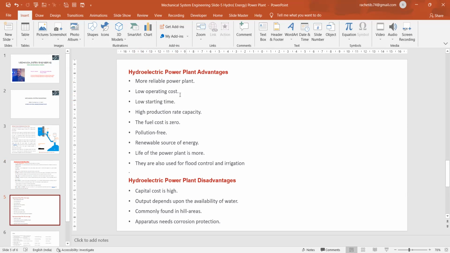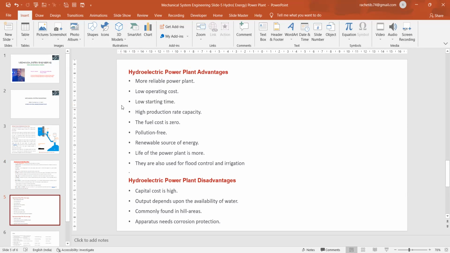Low starting time, this is most important. I have been to a thermal power plant, and I also visited a hydropower plant, and we have seen the starting and stopping of these machines.